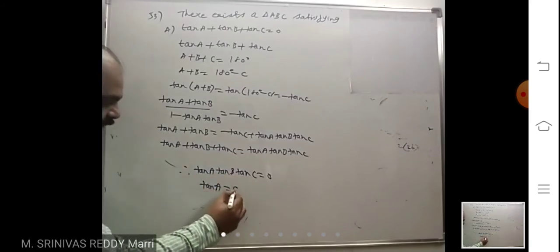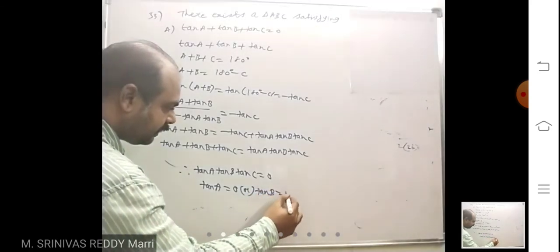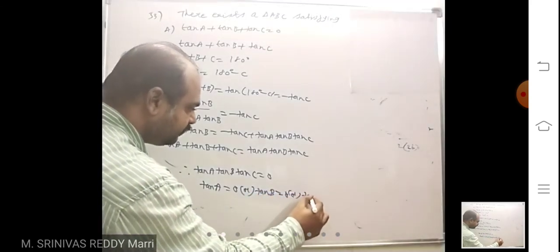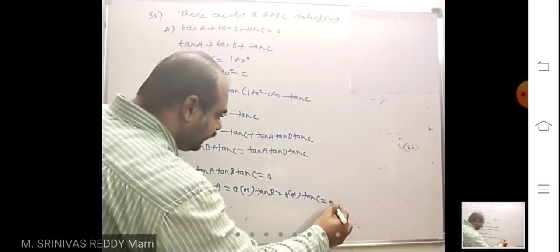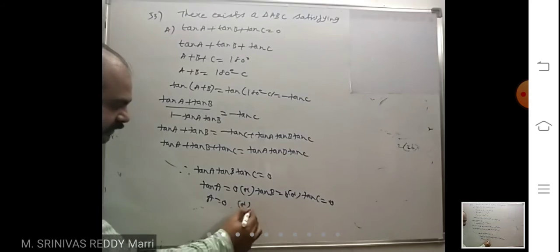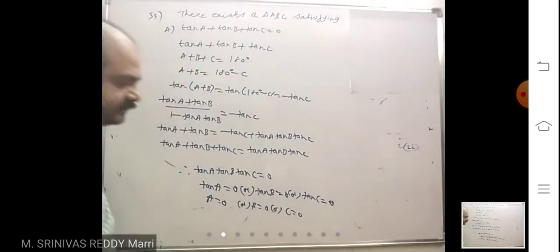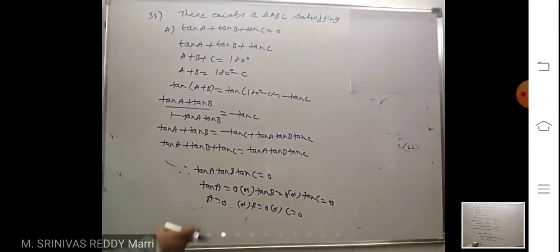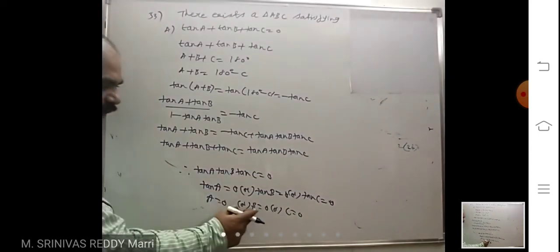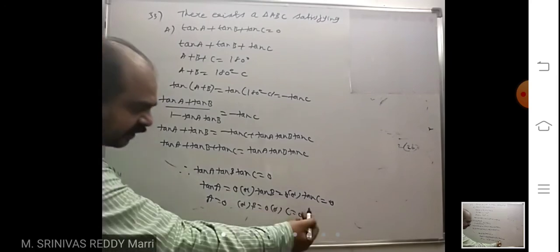When is this possible? When tan A equals 0 or tan B equals 0 or tan C equals 0. This is possible only when angle A equals 0 or angle B equals 0 or angle C equals 0. Is this possible?